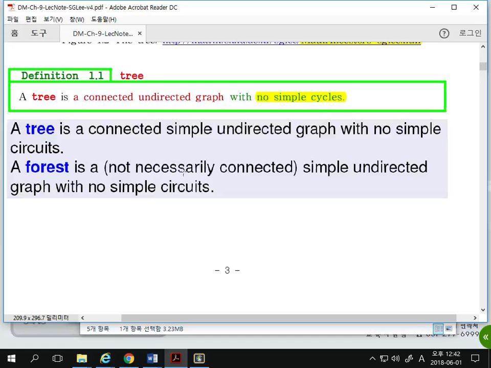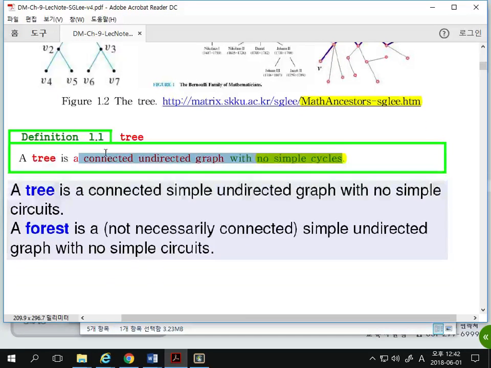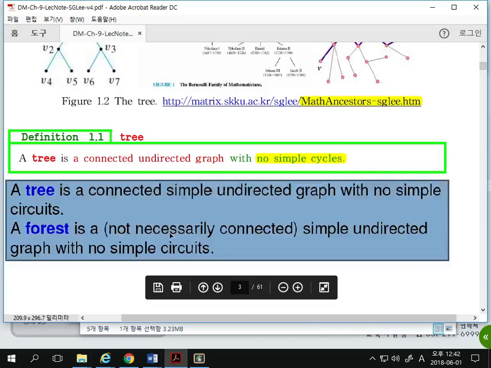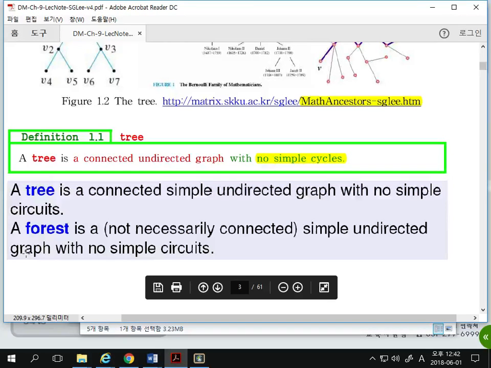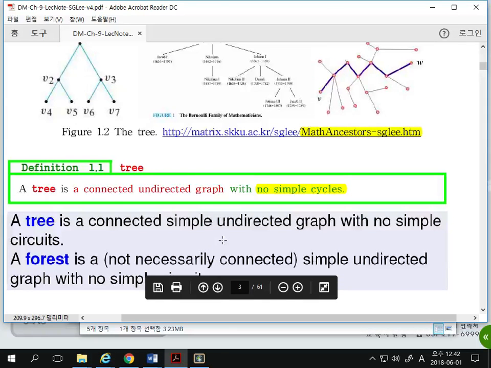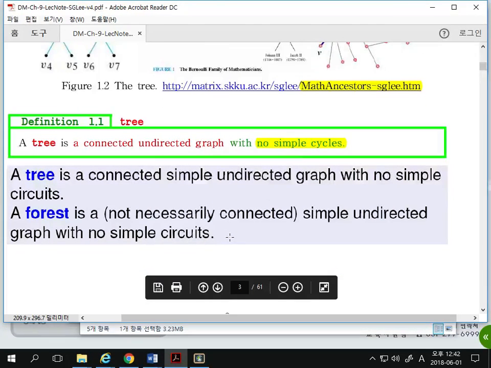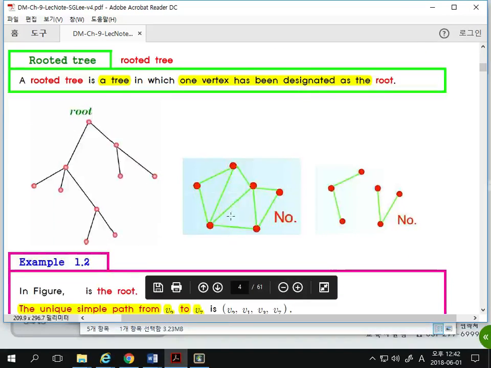Okay, so we start with the official definition of a tree. A tree is a connected, undirected graph with no simple cycles. And a forest is a simple, undirected graph with no simple circuits. If you have a bunch of trees, then it can be called a forest. A rooted tree is a tree that has one vertex designated as a root.